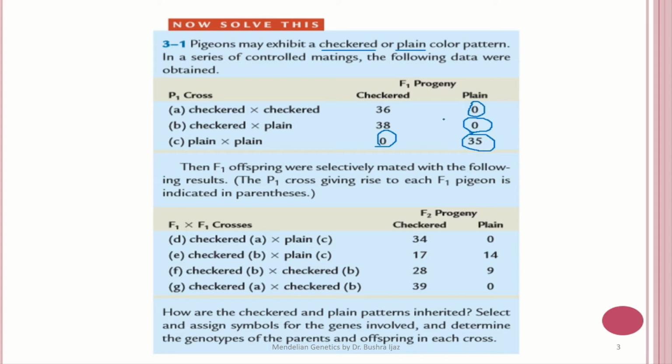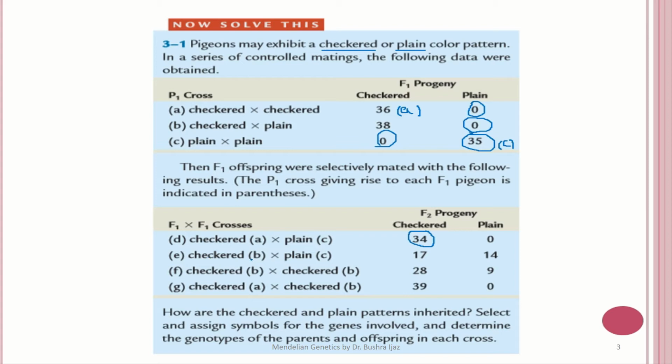Then these F1 generations are mated together in different patterns. Here checkered A, this one will be the A, when mated with plain C, the resulting F2 progeny is all checkered and no plain.